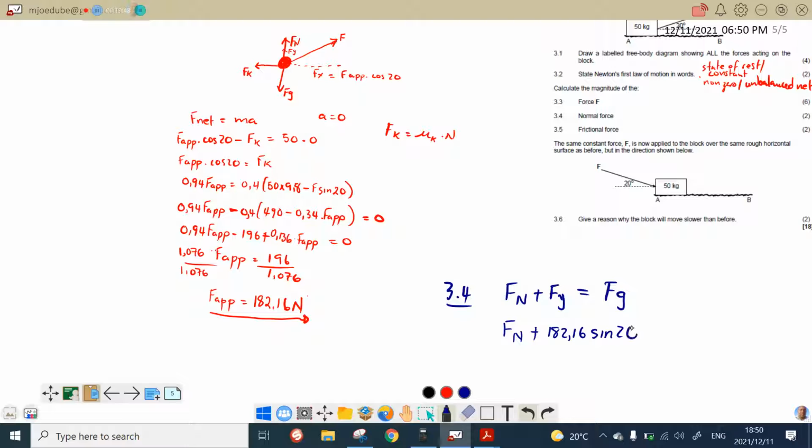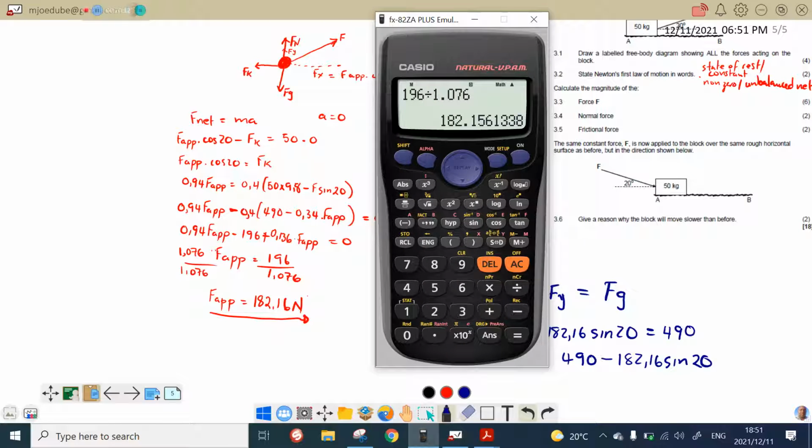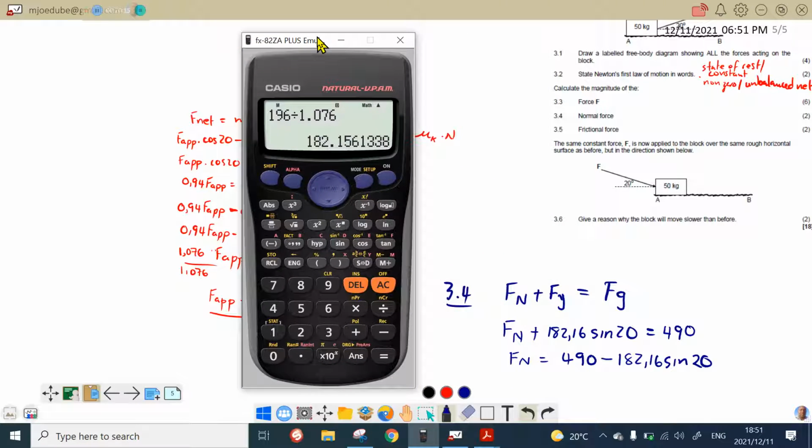Sine 20 is equal to Fg, and Fg is equal to 50 times 9.8, which is 490 newtons in the downward direction. So your Fn is going to be equal to 490 minus 182.16 sine 20. Put that into your calculator. 182.16 multiplied by sine 20 is 62.3.